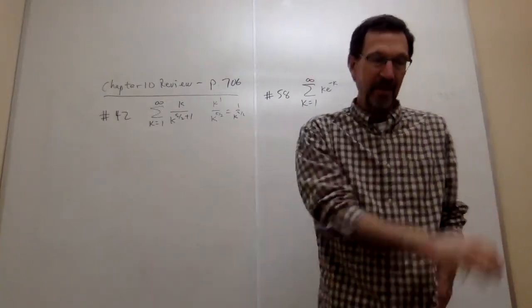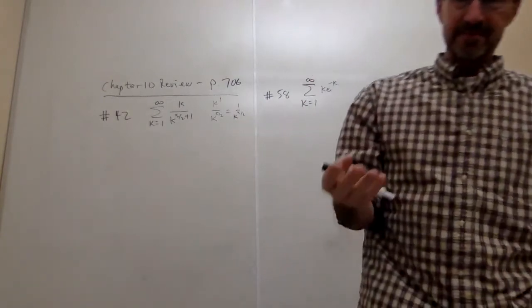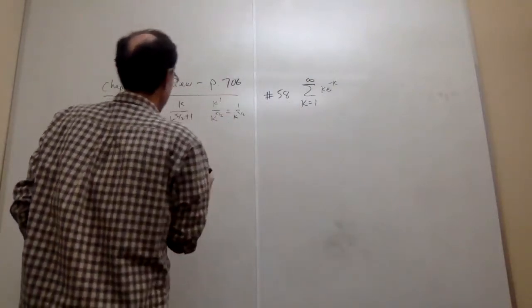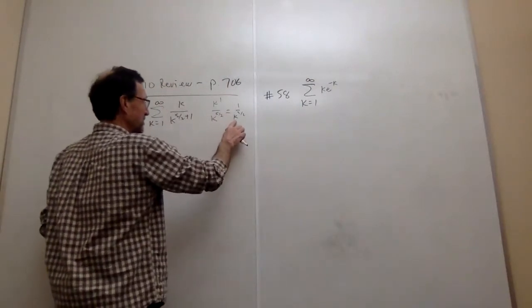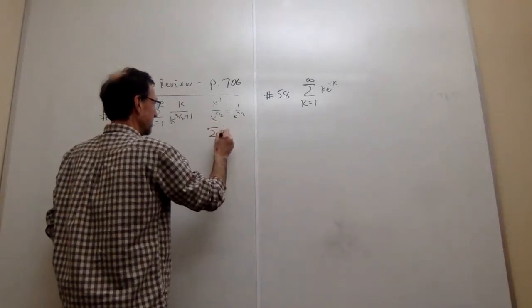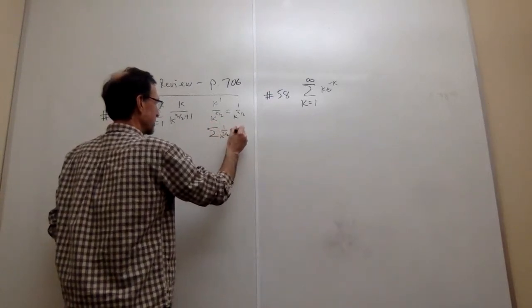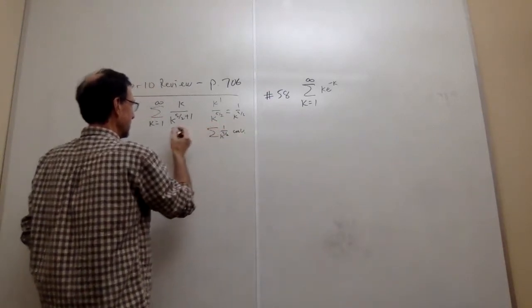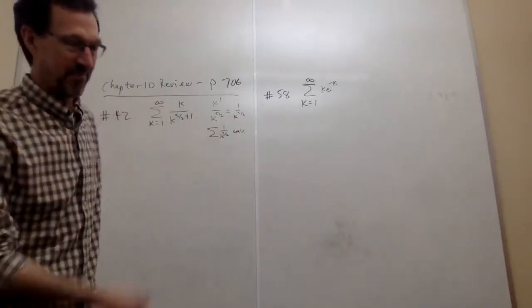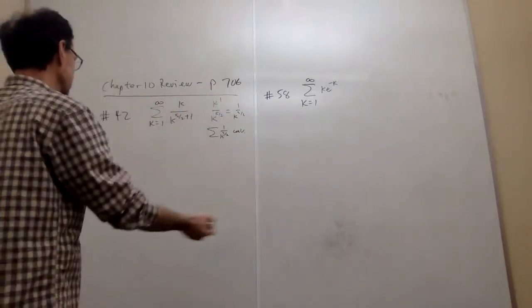So I'm going to do the limit comparison with the p-series. And hopefully, this p-series converges. The summation of 1 over k to the 3/2 converges. So if we get a finite, positive value for the limit from the limit comparison, then we'll have the same conclusion.